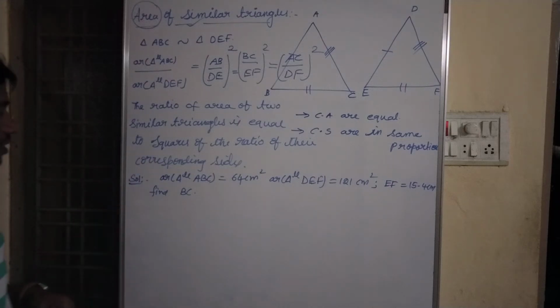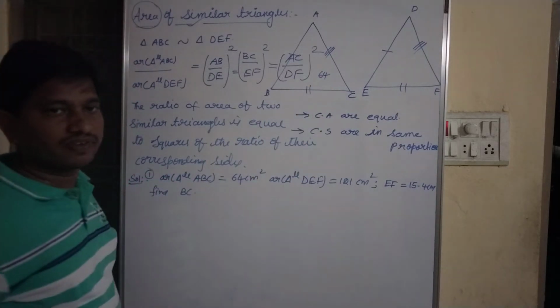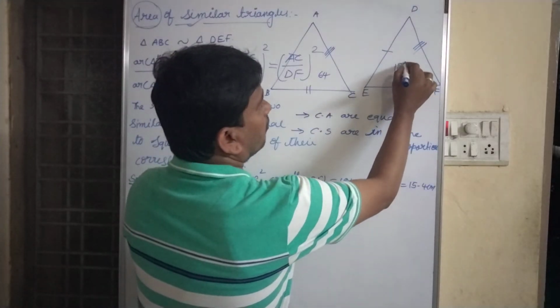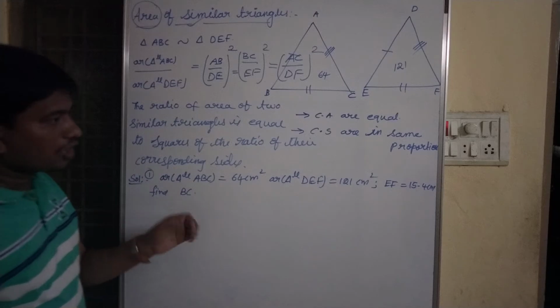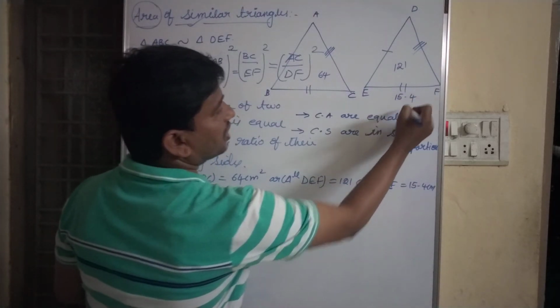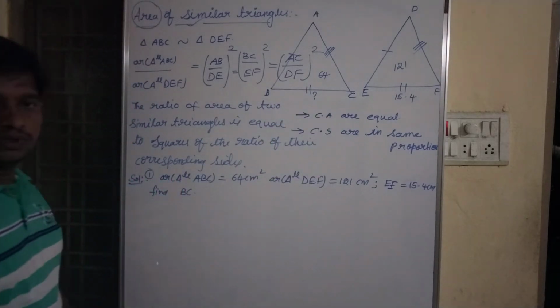What is the question, children? Let us see. What is given? Area of triangle ABC is 64 cm square, area of triangle DEF is 121 cm square, and the corresponding side EF is 15.4 cm. They are asking to find the side BC.